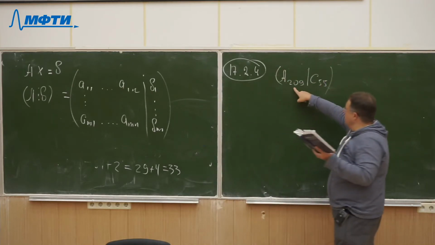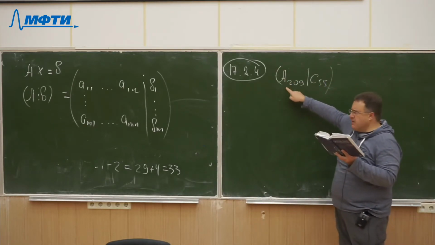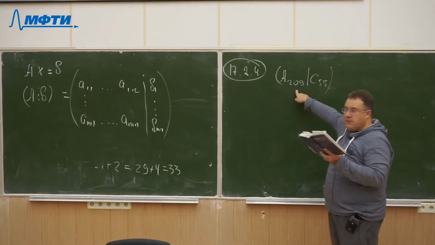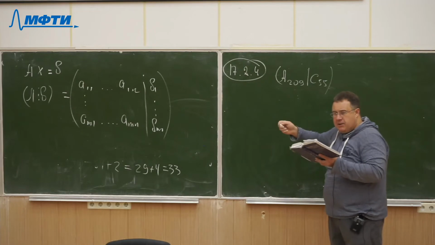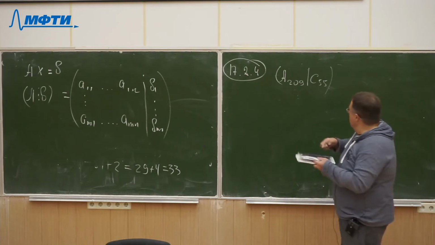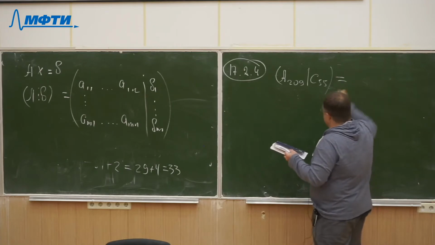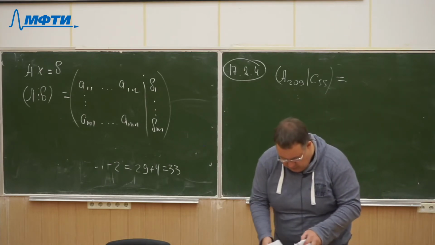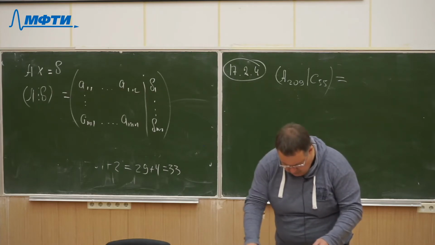It's not the size of the matrix, it's not the size of the column. It's the number of the matrix in the bank of matrices at the end of the textbook. So, we have to find matrix number 209.